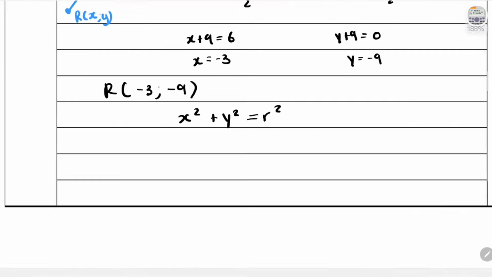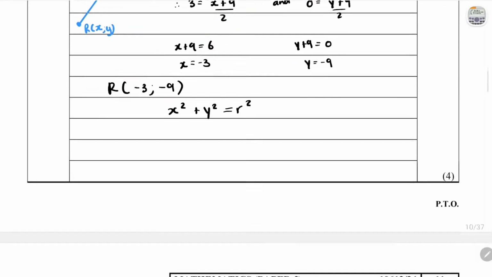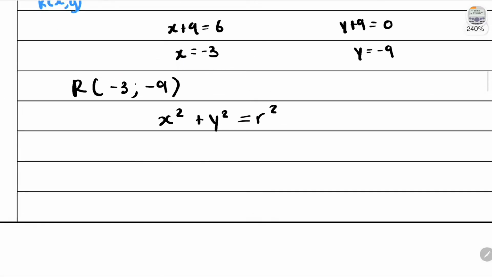You can choose to find r squared however you want, whether you use the distance formula from the center of the circle, the origin, to R, or you just substitute it here. It's easier to do it like this. This is our x and that's our y value, and we'll substitute into this equation. Negative 3 all squared plus negative 9 all squared is equal to r squared.